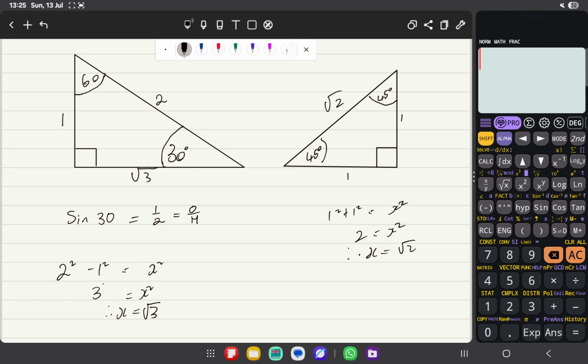So this is it. Here I will say this is just the whole curriculum of special angles. Once you know these triangles, all that you need to know is these triangles. This is the easiest way to memorize special angles, right?